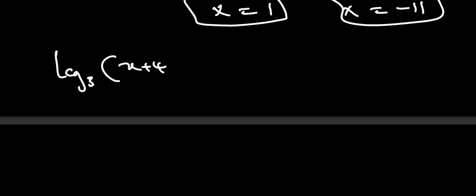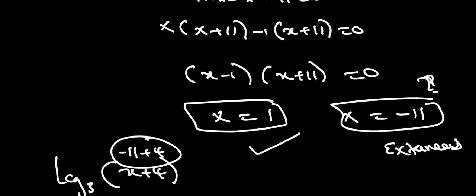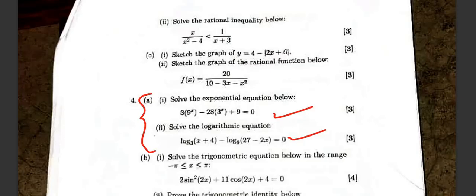This is what I'm avoiding, this part. Put negative 11 here. You've seen negative 11 plus 4. You see what you get there. So this is the reason why this is an extraneous solution. It's not a true solution. This is a correct solution. Only 1 is a true solution. So for logs, you always have to be testing. Yeah, so this is what you have for this part.